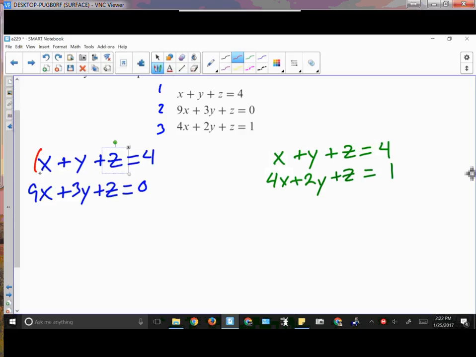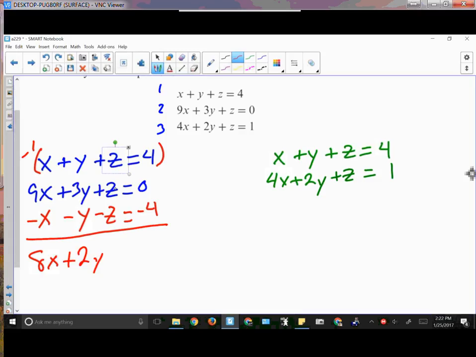So I'm going to take this top equation, multiply through by a -1. So that gives me a minus x, minus y, minus z is equal to -4. And when I combine these together, I end up with 8x plus 2y. My z's are now gone, right? Equal to -4.